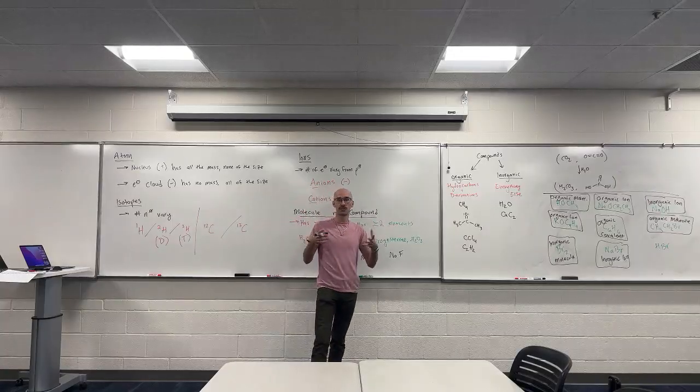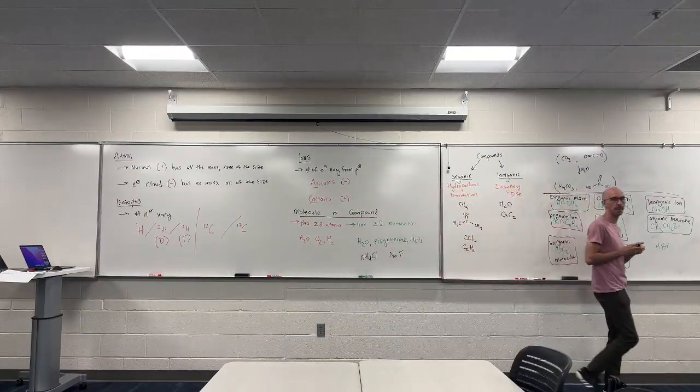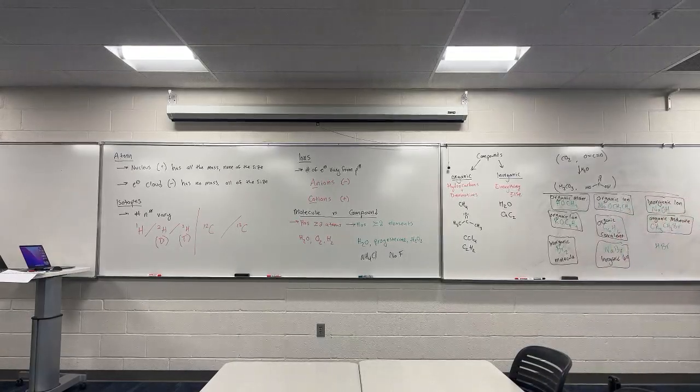We'll actually look at its structure a little bit more. Okay, last one, HBr. Organic or inorganic? Inorganic. Ionic or molecular? Good. Again, H, we're going to consider a non-metal. So this is an inorganic compound.